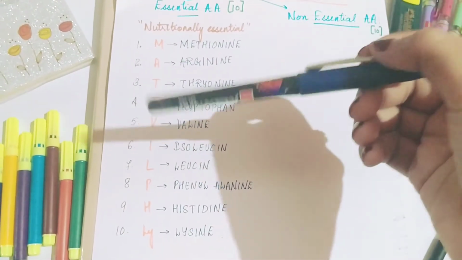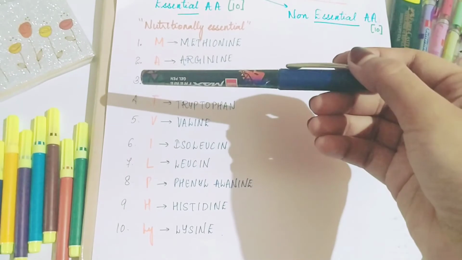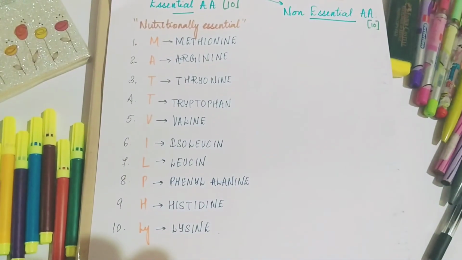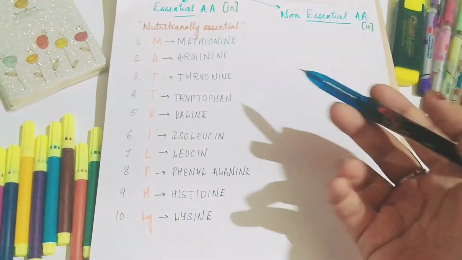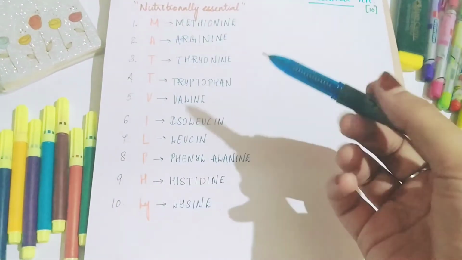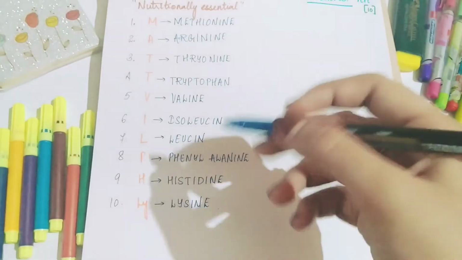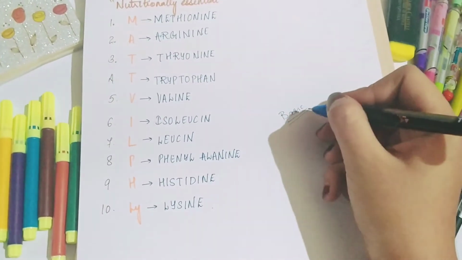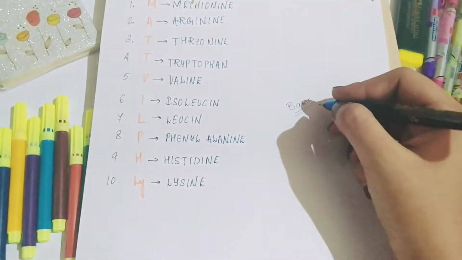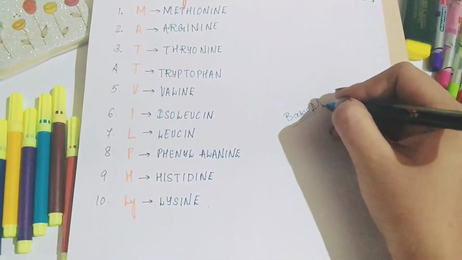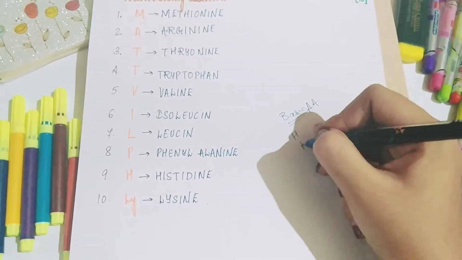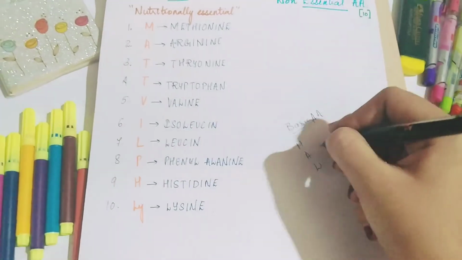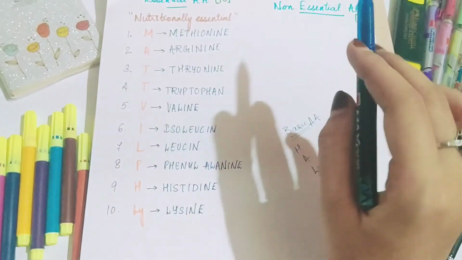Now, you might be wondering, A can give you arginine or A can also give you alanine, right? If you get confused between A for arginine or A for alanine, the best way to remember is, you know the basic amino acids, right? We just saw it in the previous part. The mnemonic was HAL, right? All the basic amino acids are nutritionally essential.